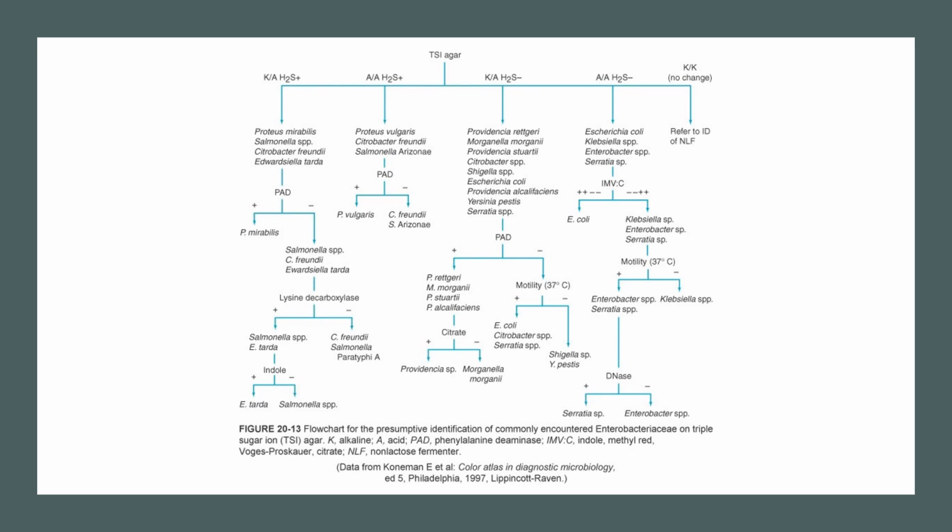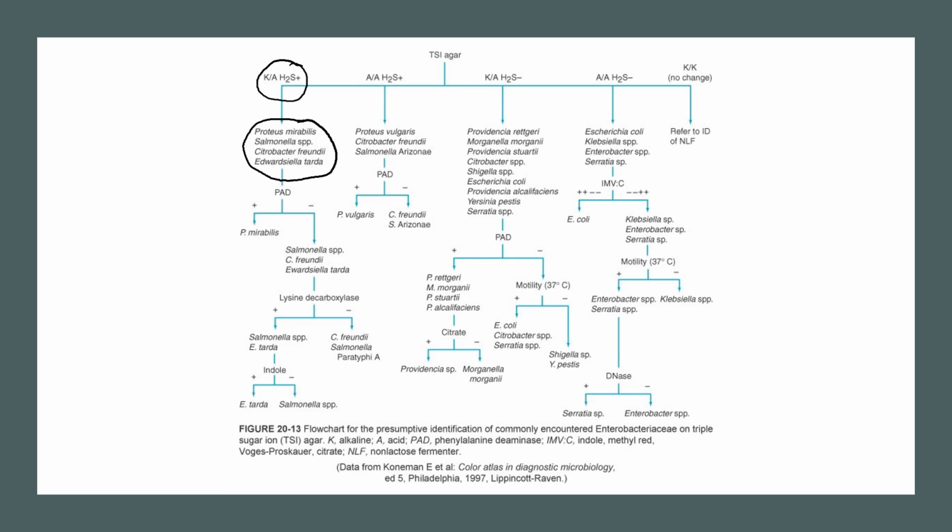Let's finish this with the last type of reaction, that is alkaline over acid, H2S positive. These are organisms that appear clear or colorless on MacConkey, and your TSI is alkaline over acid, which means that these organisms do not ferment lactose or sucrose; they only ferment glucose. So now you have a list of glucose fermenters only.